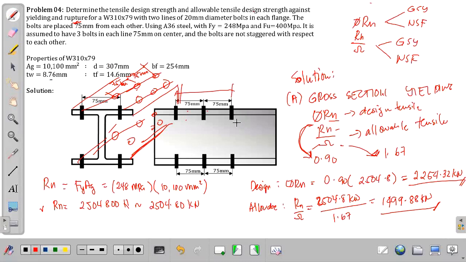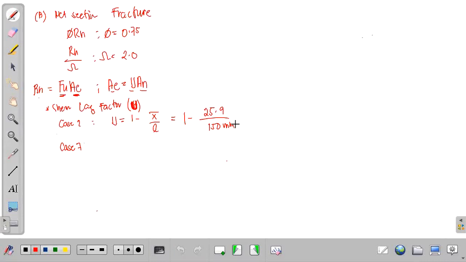Kindly solve for the value of our shear lag factor in case 2. What will be our shear lag factor here? 0.827.